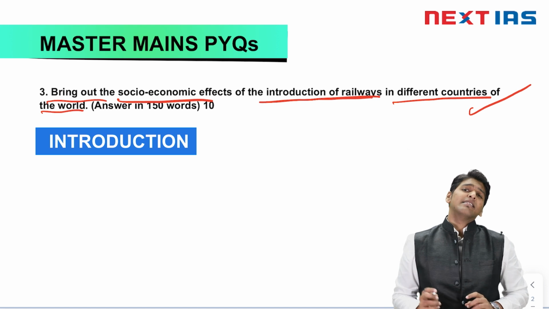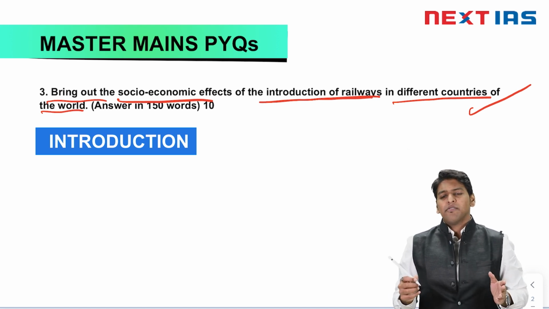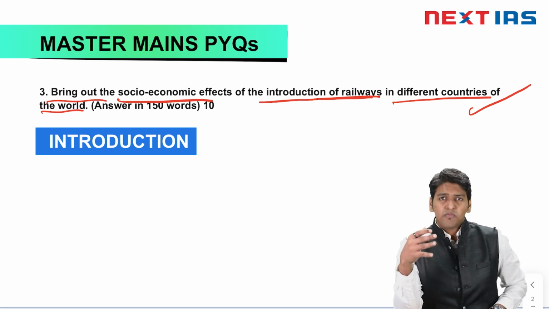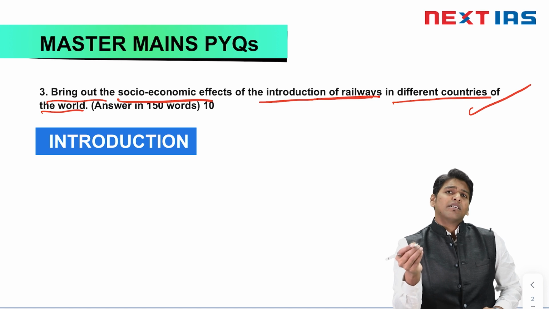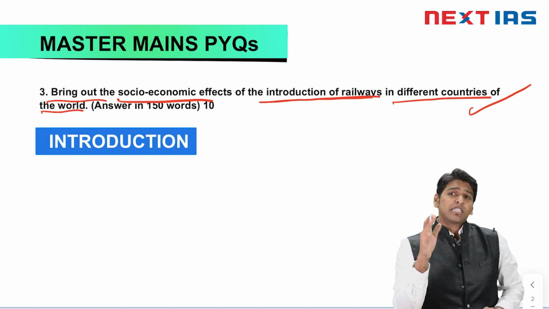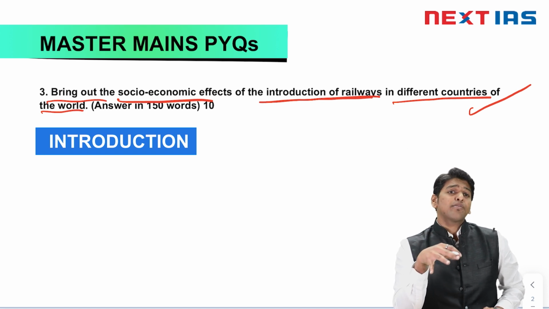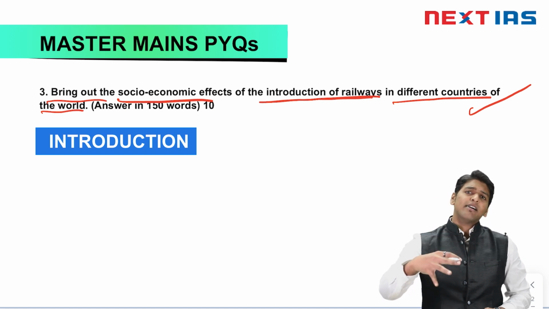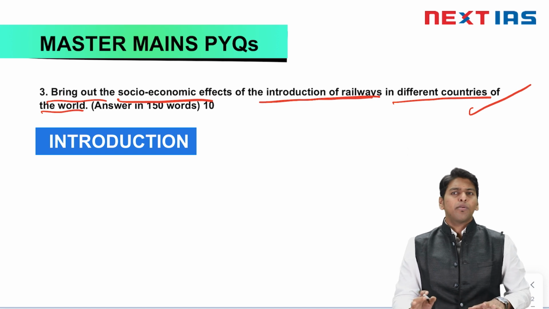So you can relate that if maintaining a railway needs so many people to run it, then a similar scenario might have existed in different countries as well. You can collect the knowledge you have of the Indian railways and extrapolate it and reflect it upon different countries. This is how we will try to go about this answer.